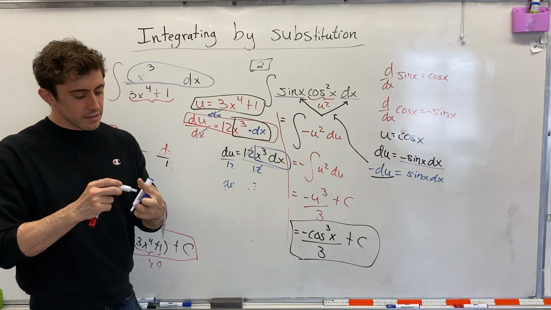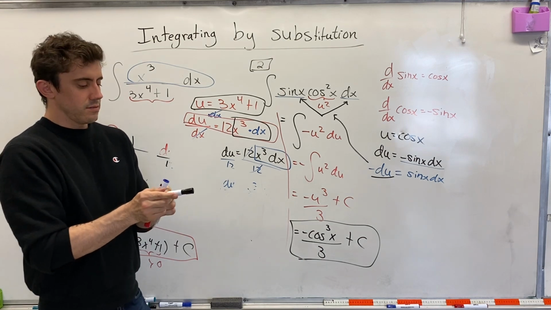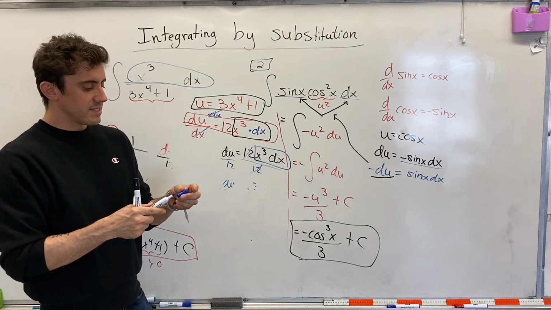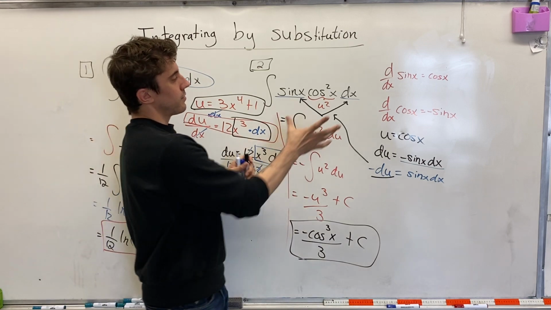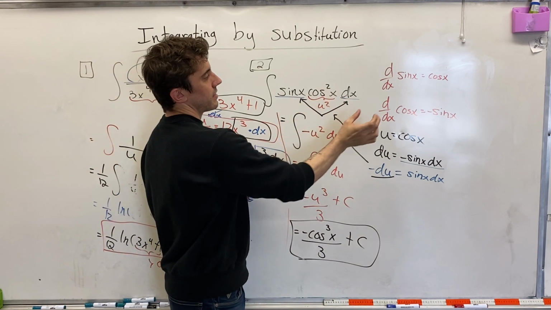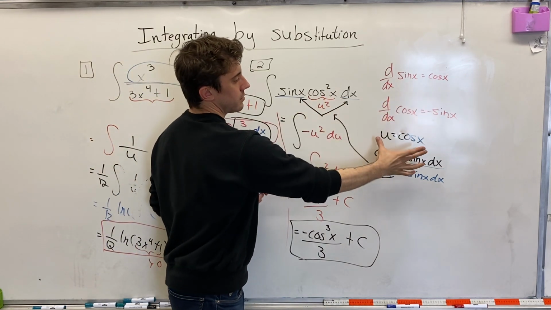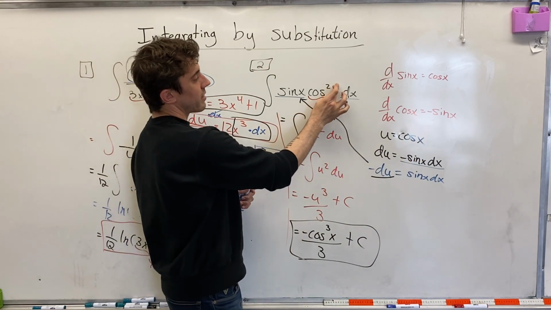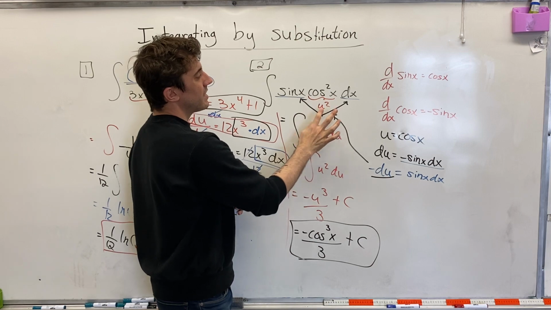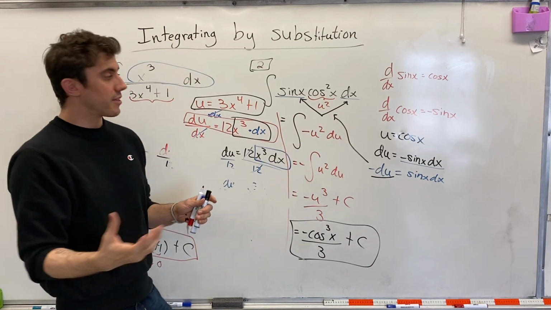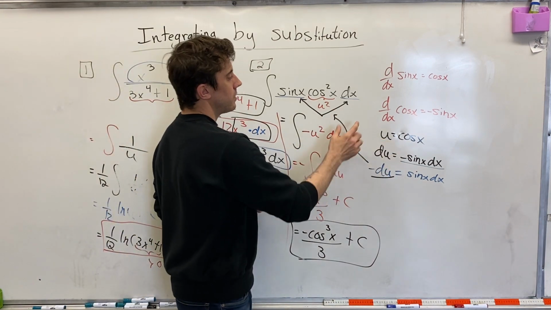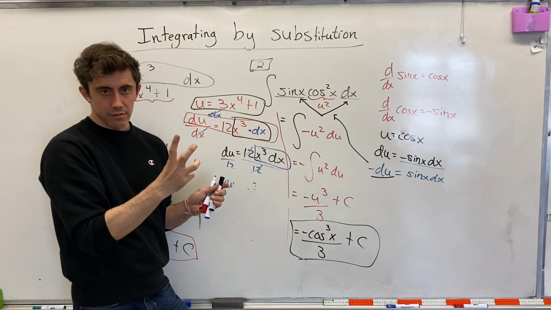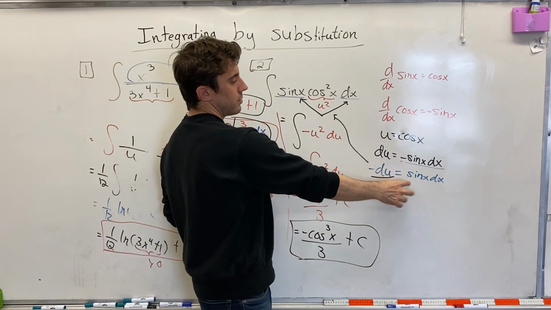Okay, so again, our process is typically very similar in that we look for a part of the integral that we can make a nice substitution for, which is where the u equal to cos x comes in, because we know that cos squared x can be easily written as u squared. And then we want to pick a part of the integral that when we differentiate it, the other stuff inside the integral becomes spoken for, which is what we see here.